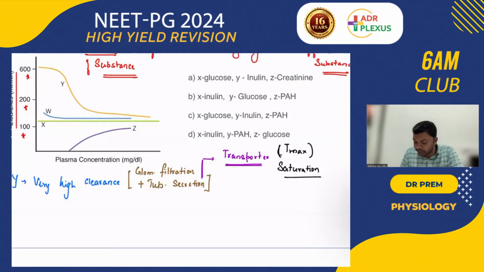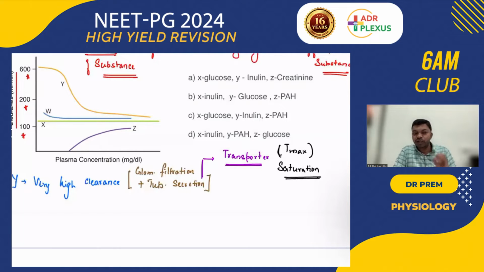If the number of transporters has reached a maximum, say for example, a particular number of ENaC or GLUT transporters, when the capability of transporting the substance has reached its maximum peak, there cannot be any further transport happening, because the transporters are getting saturated.